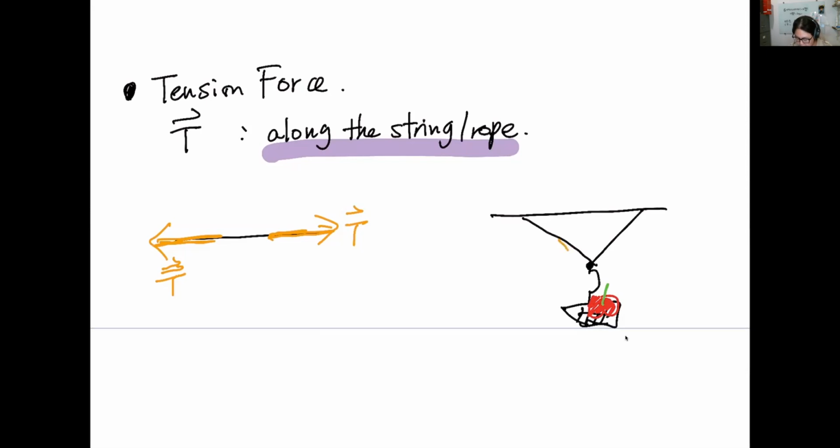You have one tension force on this rope, and along the one rope it's the same tension force throughout. But you could have another tension force, T2, because it's a different rope. If you have two different ropes, you have another tension force on the second rope. So these are the two tension forces, and it's always along the rope.